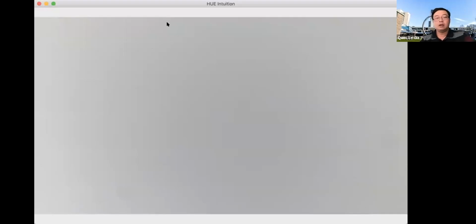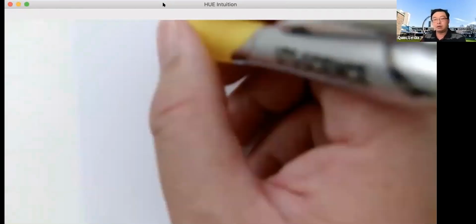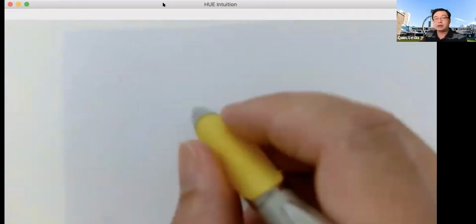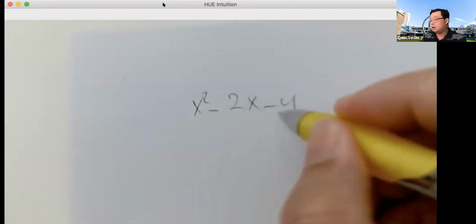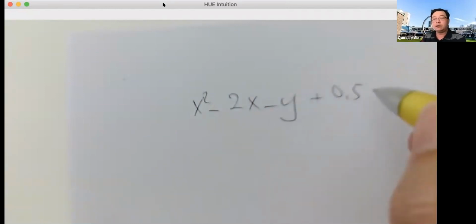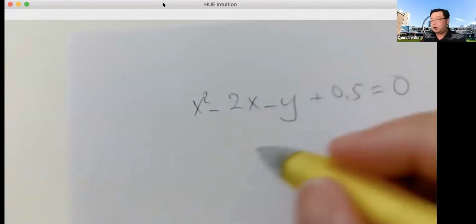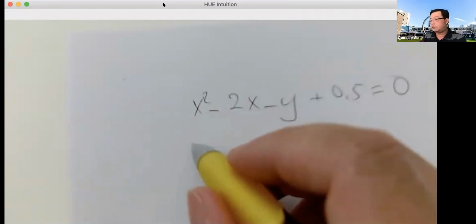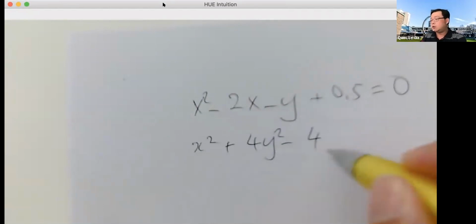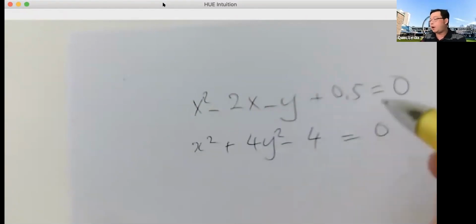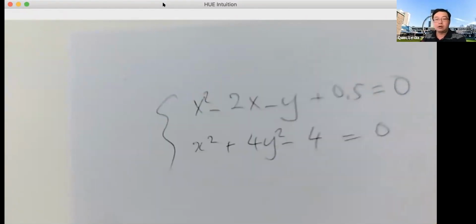So now you have 2 equations, yeah? x squared minus 2x minus y plus 0.5, which equals 0, and x squared plus 4y squared minus 4 equals 0.